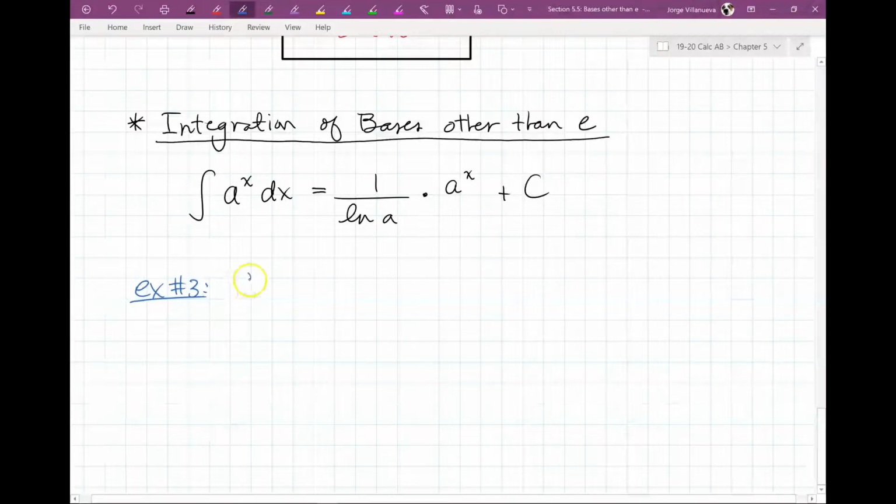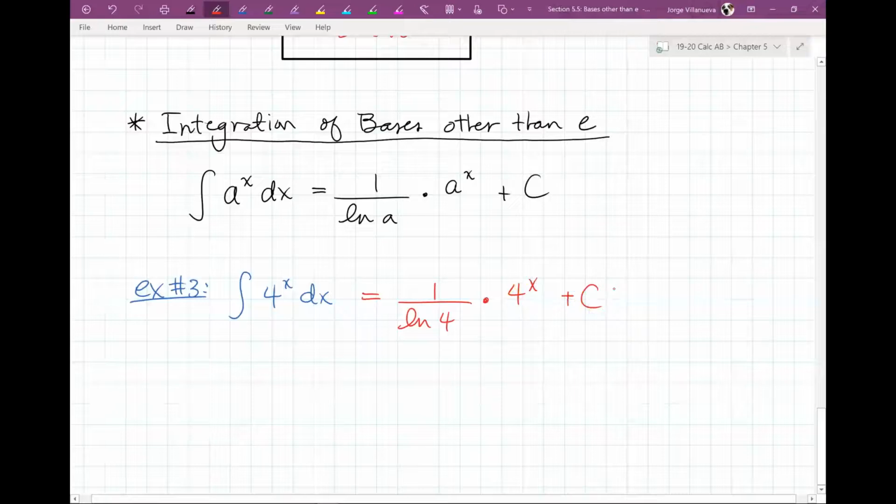So here we go. The integral of 4 to the x, since we did a 4 to the x last time. So the integral of 4 to the x dx. According to the definition, you do 1 over ln of a, and a is 4, so ln of 4, times a to the x, that'd be 4 to the x, plus c.